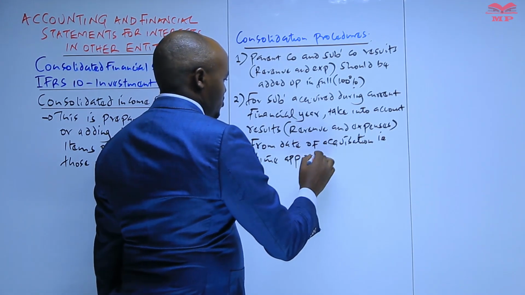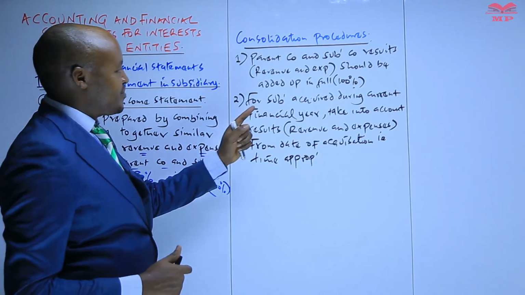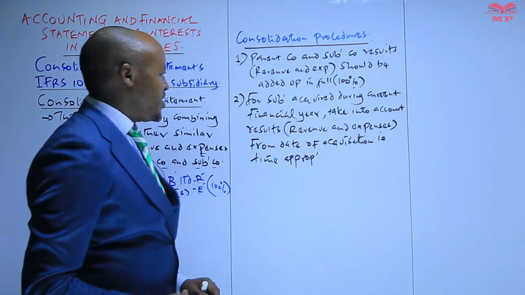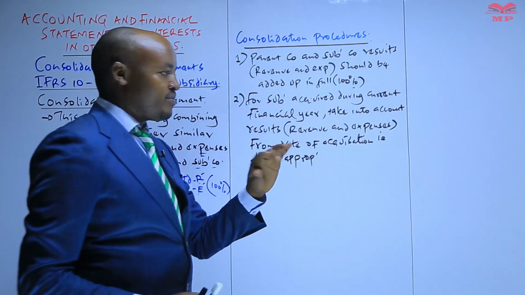So basically, what we mean by this is, for a subsidiary which is acquired during the current financial year, you take into account its results, that is its revenue and expenses, from the date it was acquired.